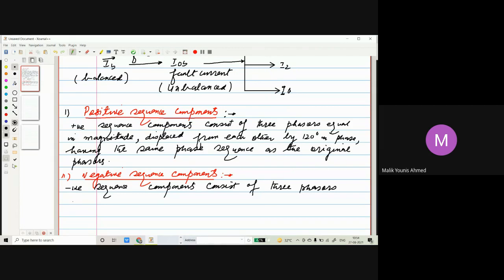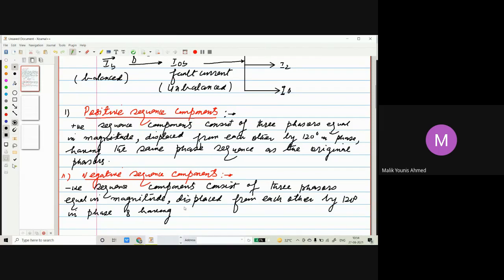They are equal in magnitude, that is the same as positive, displaced from each other by 120 degrees in phase, and the only difference is that they have a phase sequence opposite to that of the original phasor.